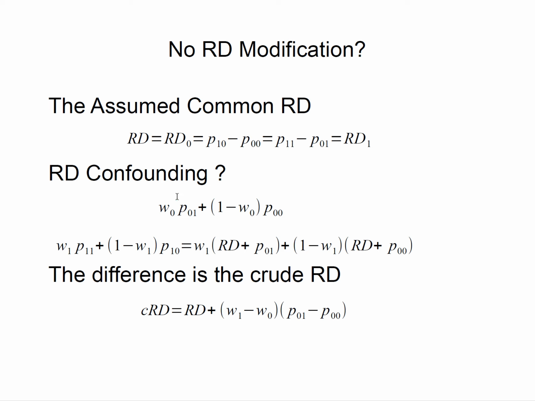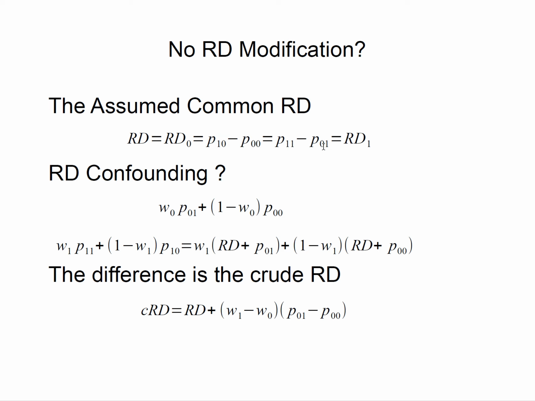What we then find is that if we identify that there is an assumed common risk difference, then we get this expression relating the probability of disease among the exposed, which can be expressed in this way, using the fact that the assumed common risk difference is given by these two expressions.